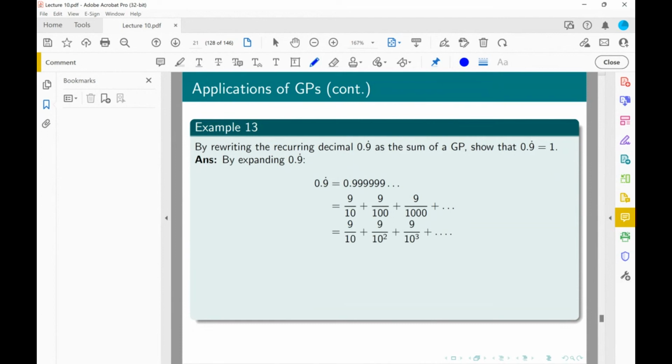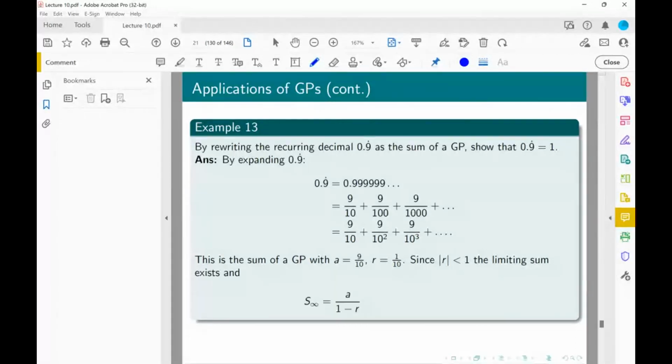We can say that a bit easier if we note that 100 is 10 squared and 1000 is 10 cubed, so that makes it crystal clear that we're multiplying by a 10th each time. So it's the sum of a GP with these terms, and we know how to do that, especially given that the limit does exist. Sometimes it doesn't, so it is good that you check this, otherwise you could write down something that doesn't make any sense. So the limiting sum would be a on 1 minus r.